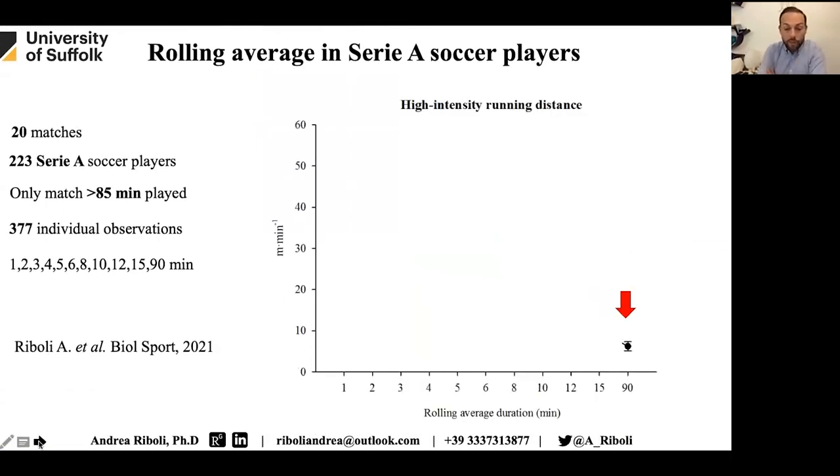In the previous research, we highlighted how to replicate the 90-minute average match demands. But as proposed in other sports, we recently investigated the rolling average analysis in Serie A soccer players. On the x-axis, you can see different time windows, from 90 minutes to 15 minutes, 5 minutes, or 1 minute during match demands.